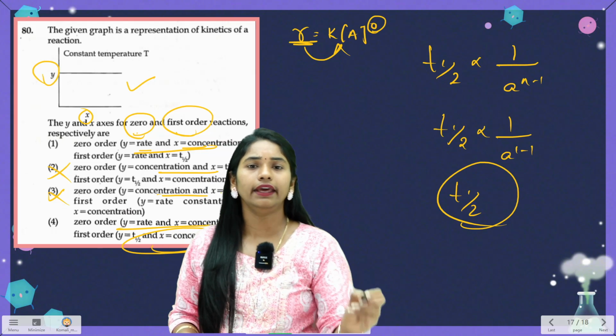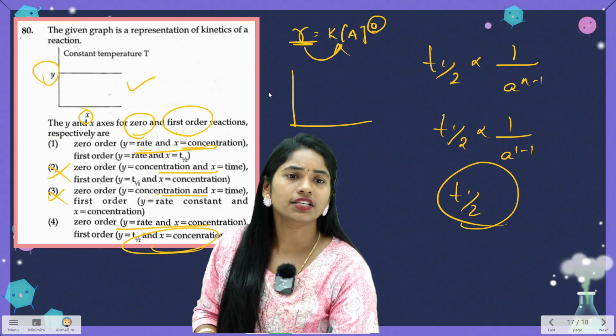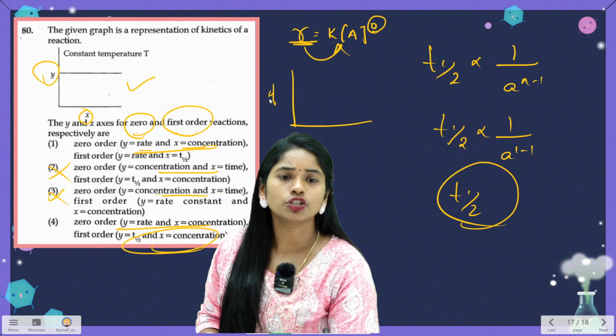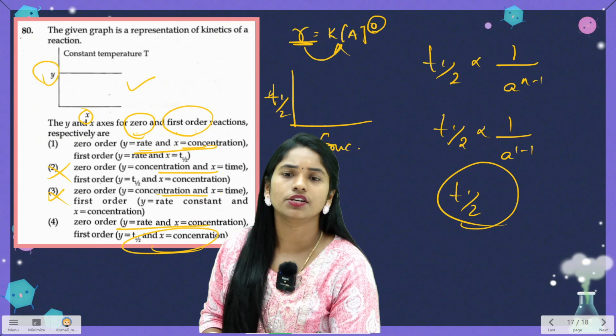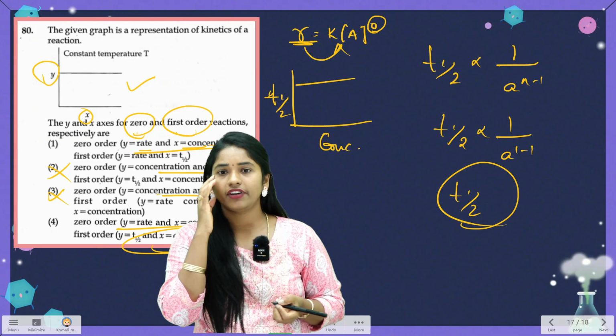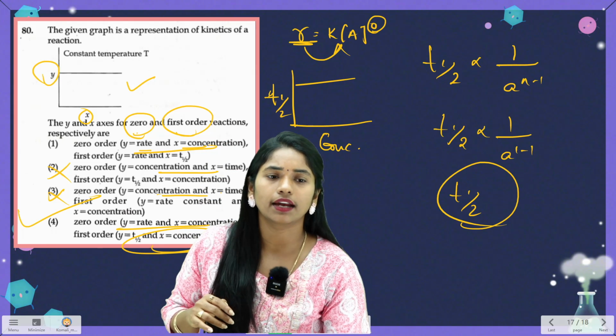So you can take it out here. T half is independent of initial concentration, so you can take half-life T half here, and initial concentration here. You will get the graph like this. So option 4 is the correct answer.